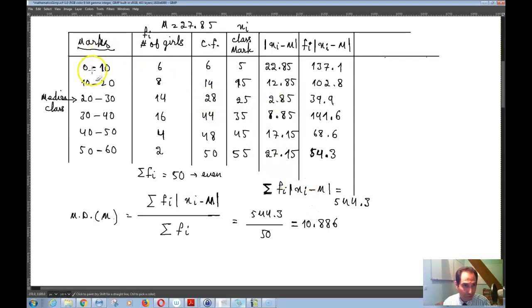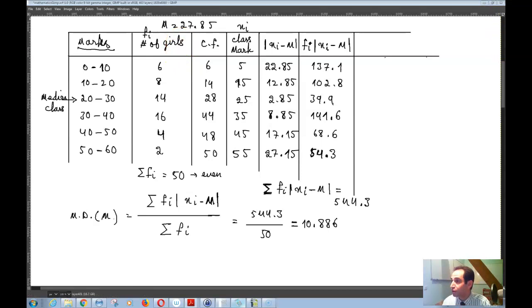There have been extremes over here as well, but on average, every girl's marks were either 10 marks greater than 28, or 10 or 11 marks less than 28. So that's how we can make sense of this data.